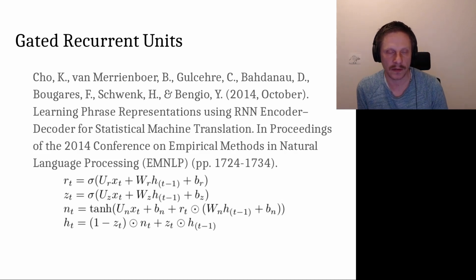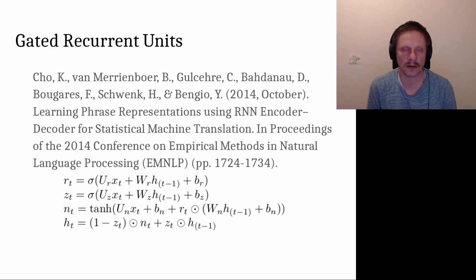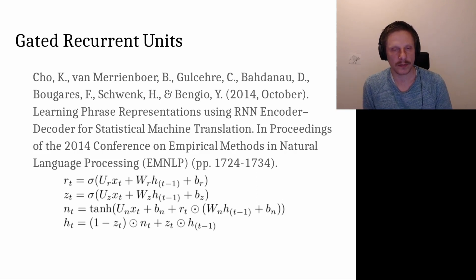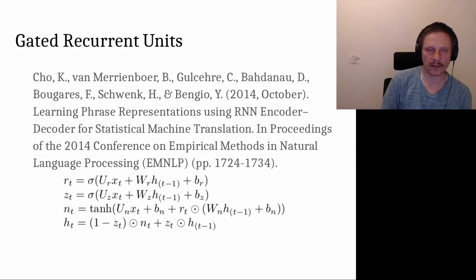And then crucially, the hidden state again is a weighted sum of two different terms. One of those is the value of the hidden state at the previous time step, and we apply the gate Z to that. That is the second part of the summation, and the first part of the summation is the new candidate activation for the hidden state.